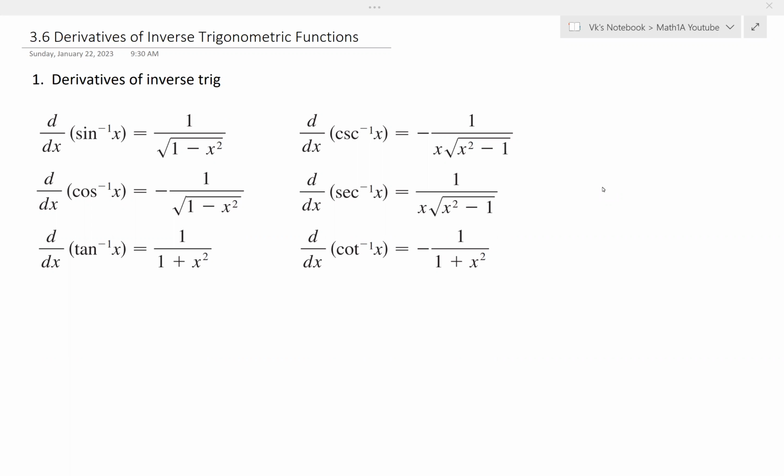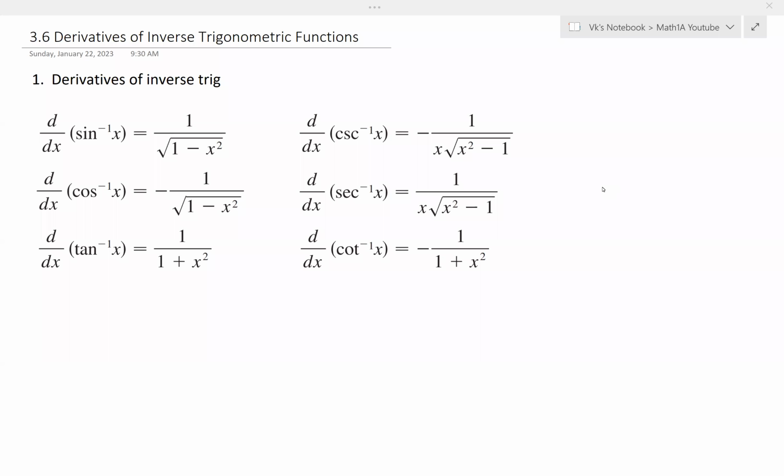Derivative of arccosecant x is negative 1 over x times root of x squared minus 1. Derivative of arcsecant x is 1 over x times root of x squared minus 1.